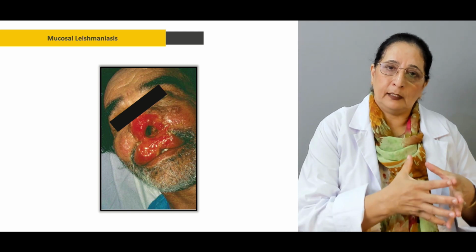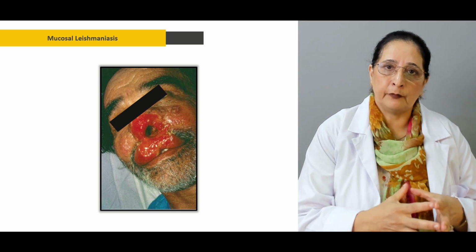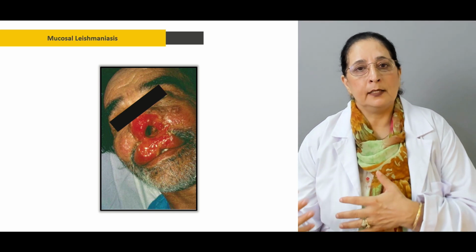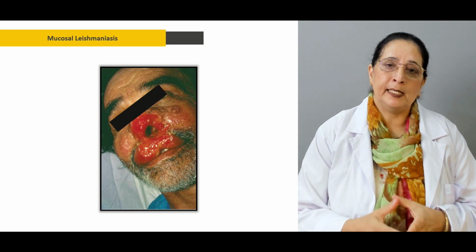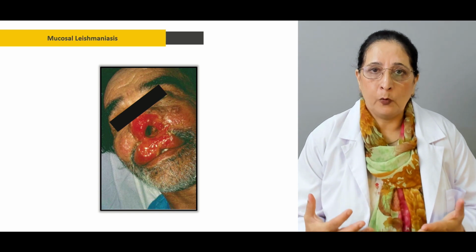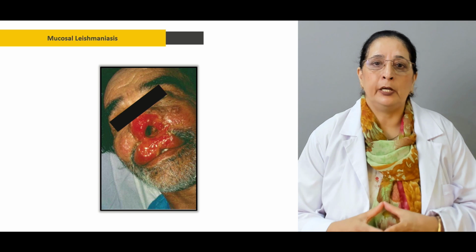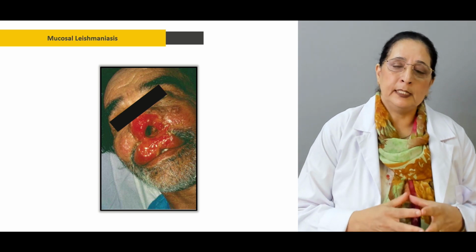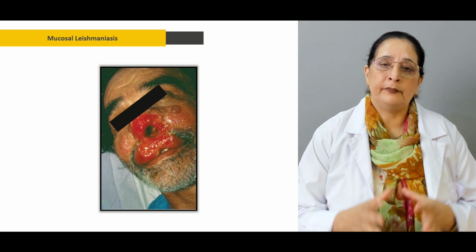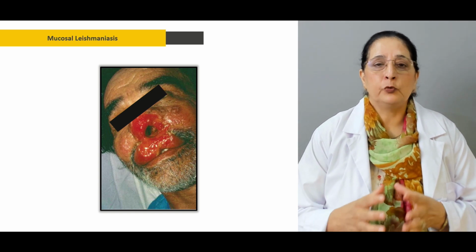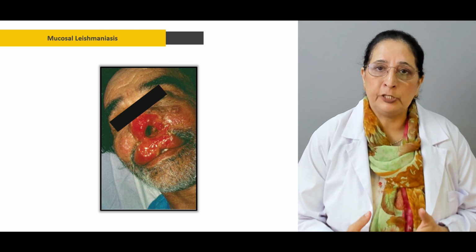So we have visceral kala-azar leishmaniasis, the most severe form, and then there are other forms which involve the skin. Cutaneous leishmaniasis, when it becomes more severe with more damage of the reticuloendothelial system, cell-mediated immunity or humoral immunity, we can have diffuse cutaneous leishmaniasis and post-kala-azar dermal leishmaniasis.